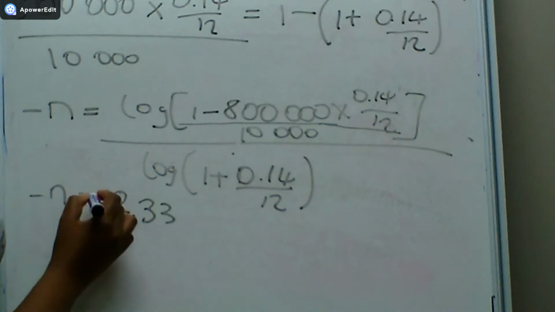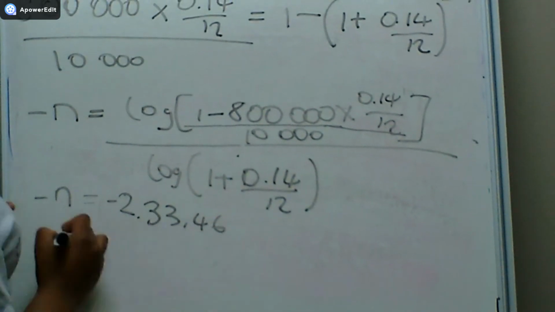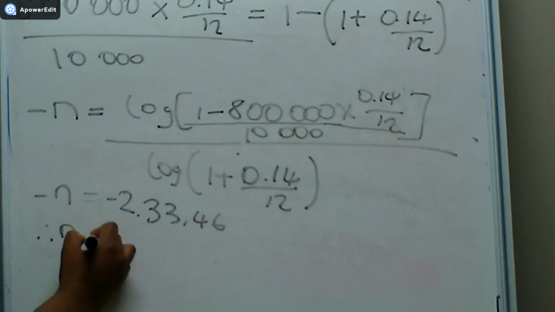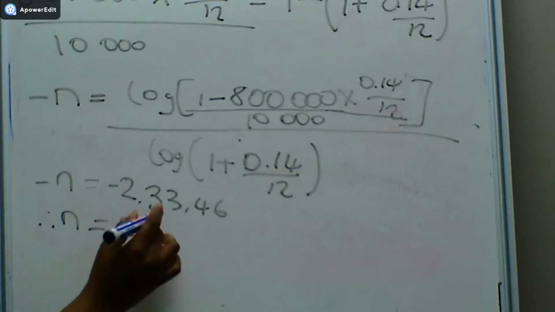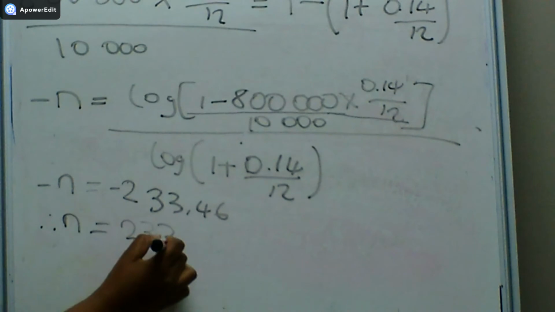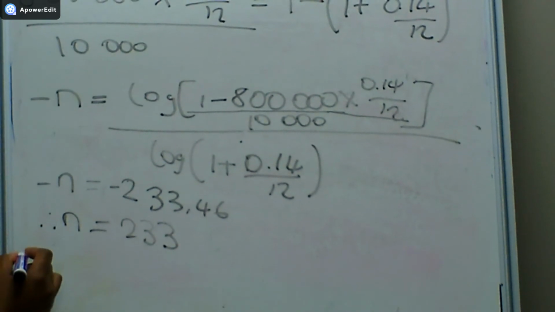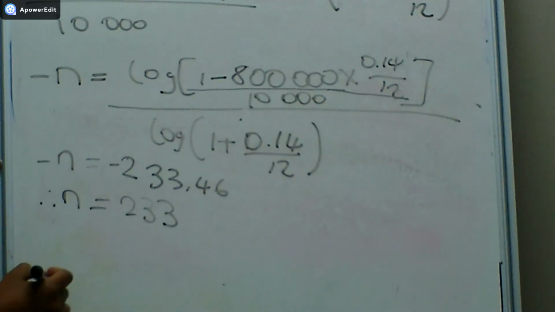So I punched everything into the calculator and I got my answer as negative 233.46. So that my n is 233.46. Depends how you want to round it off.